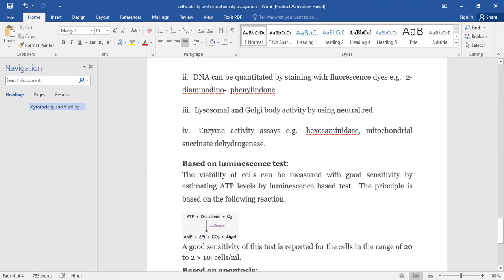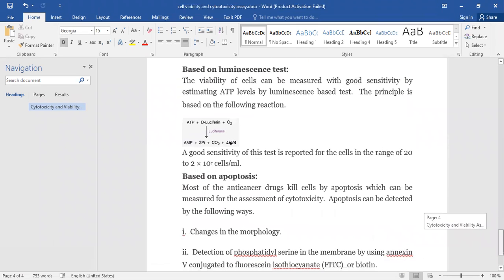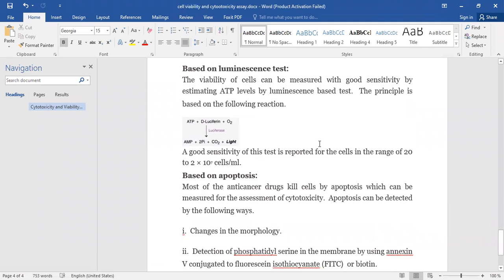Enzymatic activity can be analyzed by hexosaminidase and mitochondrial succinate dehydrogenase. The next is the luminescent test, which is used for cell viability on the basis of the ATP level.